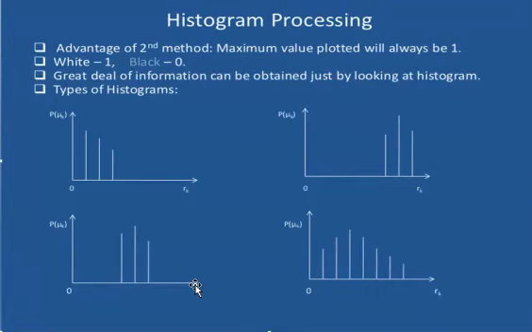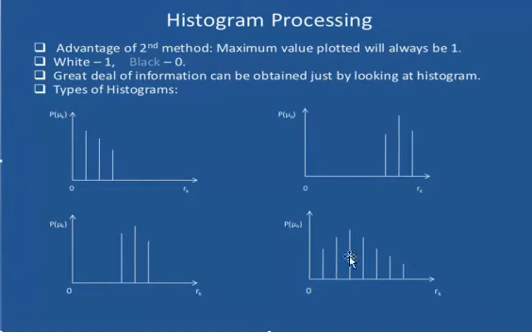Other than these two extremes, the histogram lies in a certain band, and other than this band, we cannot find any lines. In such a case, this type of image is said to be a low contrast image.